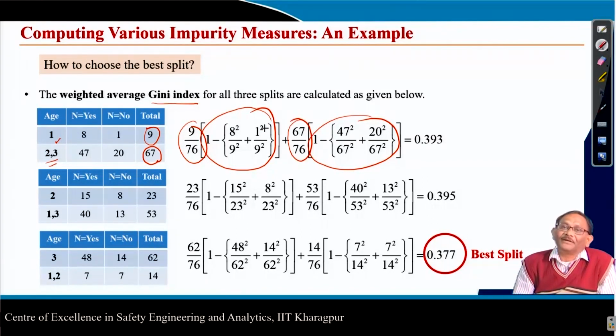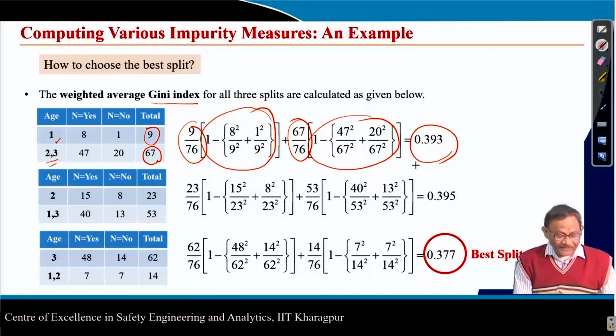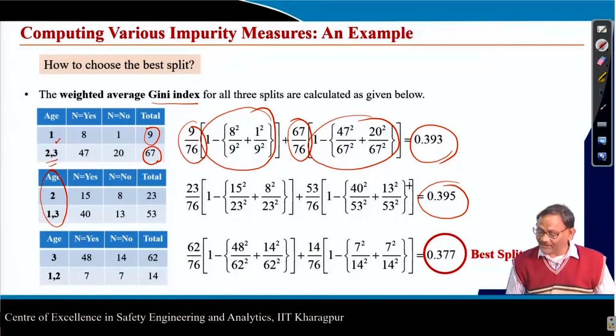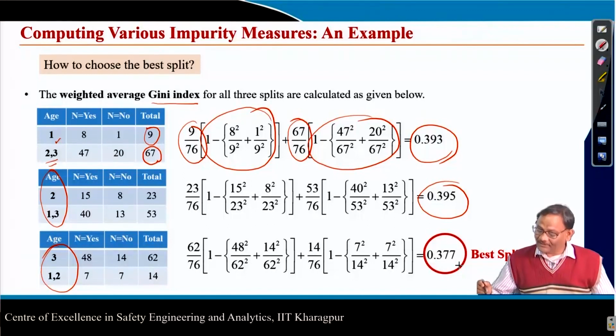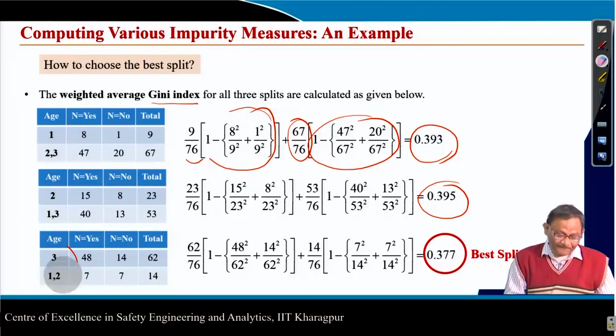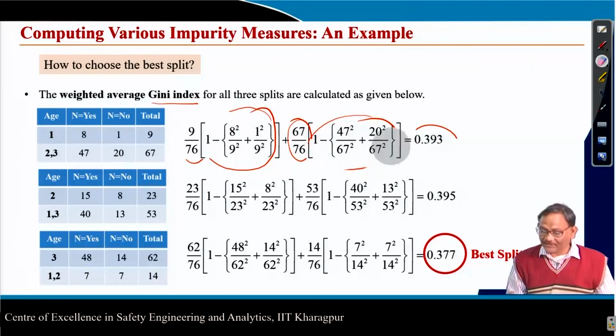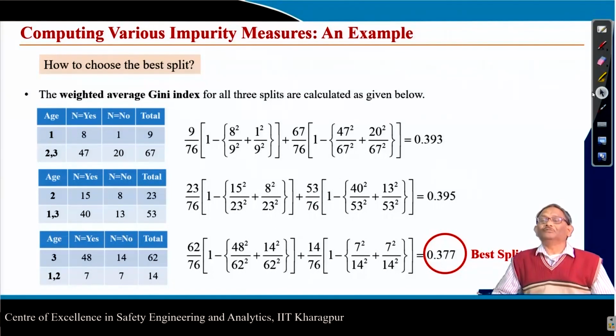Now the impurity is this much. If I go for the second split for age, my impurity is 0.395. If I go for the third split, my impurity is 0.377. Which one is minimum here? The minimum one is the last one, that means age 3 versus age 1 and 2.